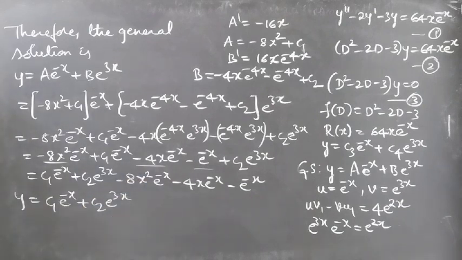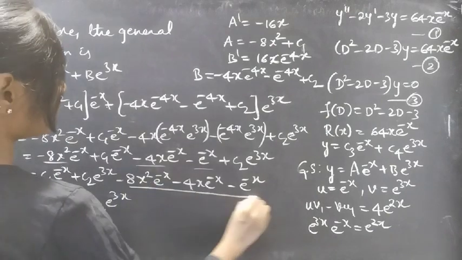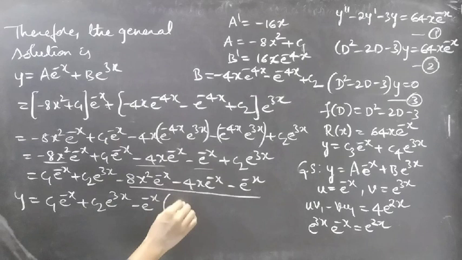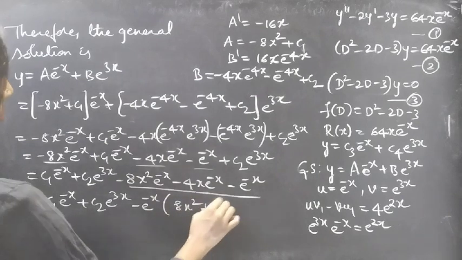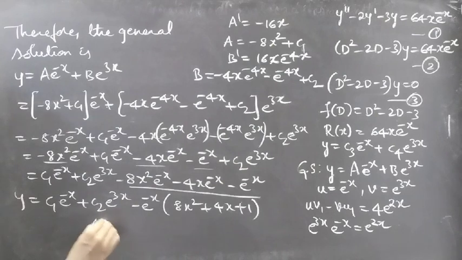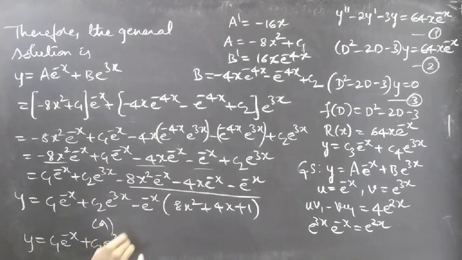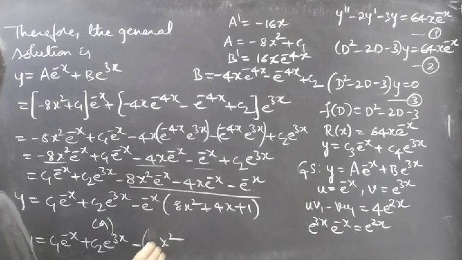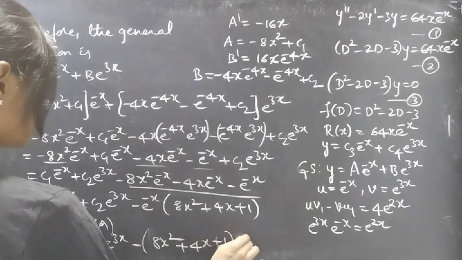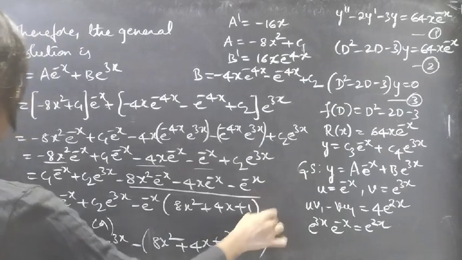Now take minus e power minus x from the last three terms. We'll get minus e power minus x times 8x square plus 4x plus 1. Or we can write this as y equal to c1 e power minus x plus c2 e power 3x minus 8x square plus 4x plus 1 into e power minus x. This completes the problem.